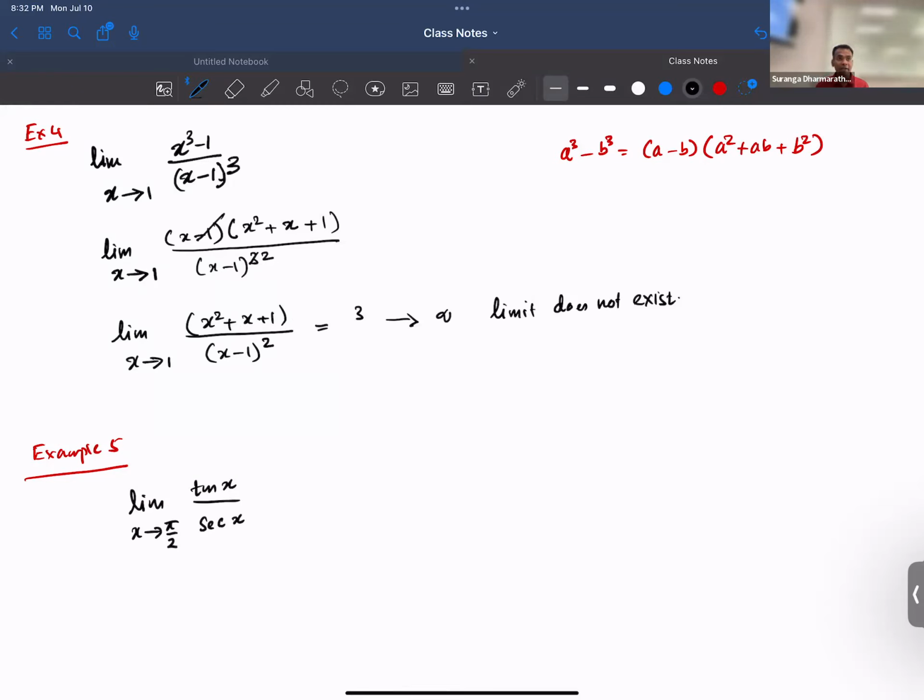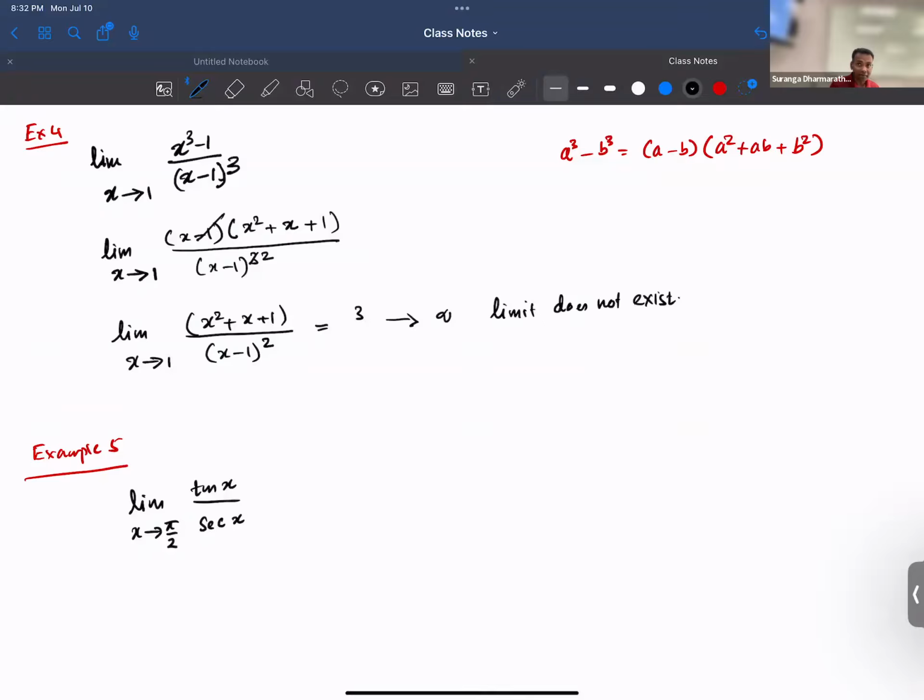Now let's see whether we can algebraically simplify this. Okay. So how do I simplify this? When I knew nothing about trigonometric solutions or identities, what I did as a student was convert everything into sine and cosine.